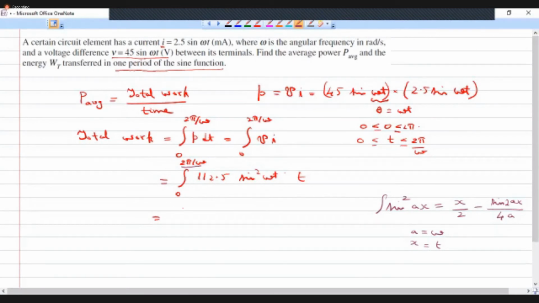So this is 112.5 times t by 2 minus sine 2 omega t by 4 omega, from 0 to 2 pi by omega. On simplification, you will get this as equal to 112.5 pi by omega. Unit will be in millijoules.